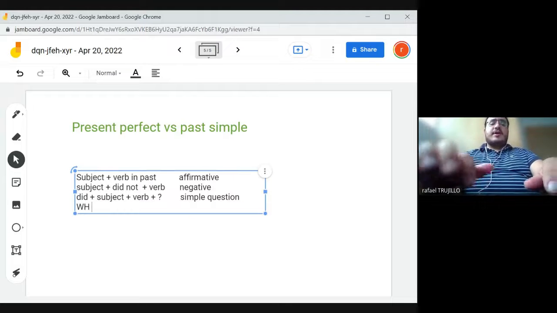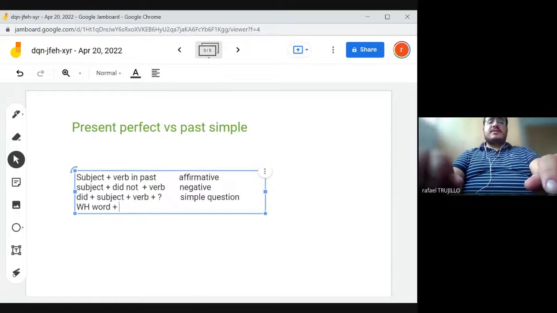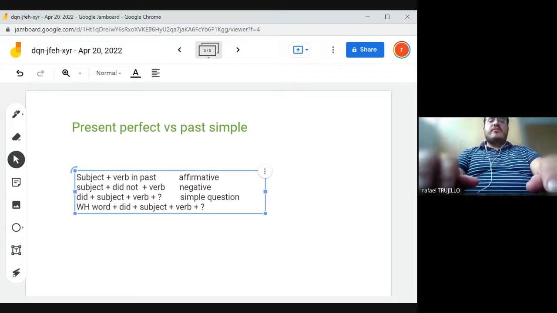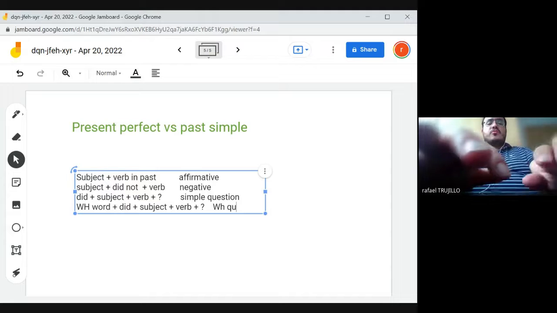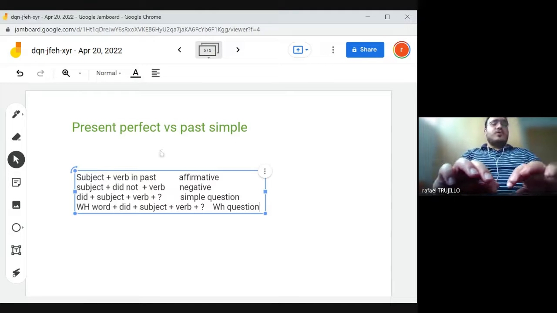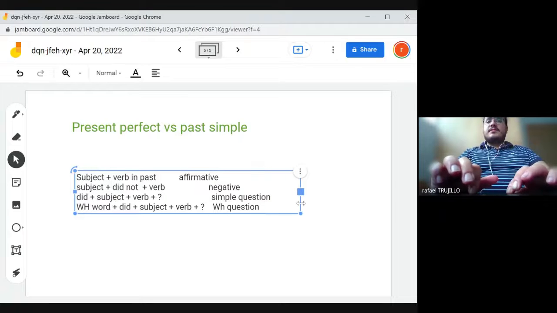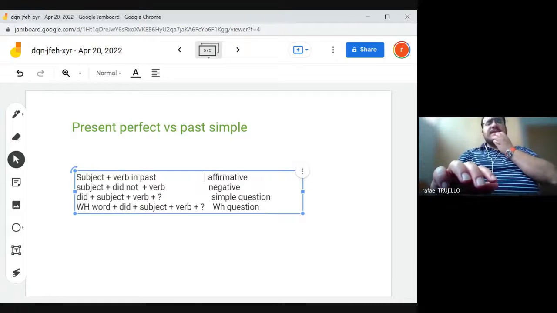Then we can add WH word plus did plus subject plus verb plus question mark for the WH question, which of course is in general because we have other structures, but we can see them as it appears. Now, this is the past simple.